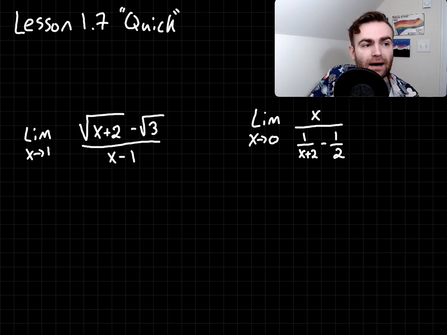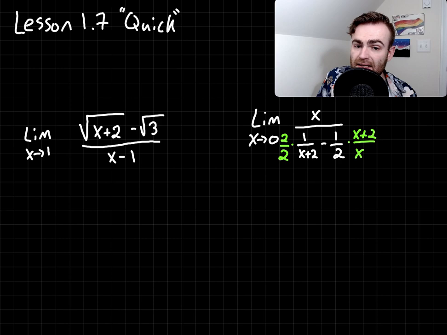Well, how do I subtract fractions? Well, to subtract fractions, you need common denominators. So, the least common multiple for this one is x plus 2. The least common multiple for this one is 2. So I'm going to multiply the first one by 2 over 2. I'm going to multiply the second by x plus 2 over x plus 2.